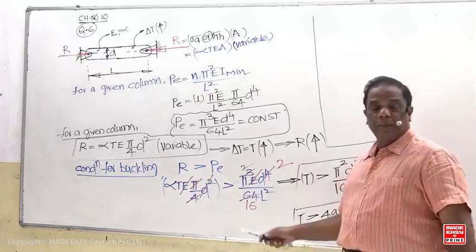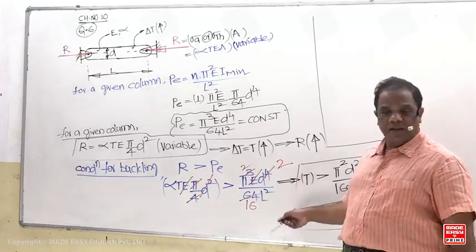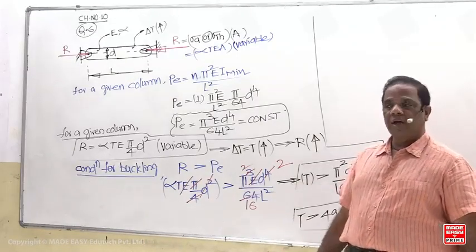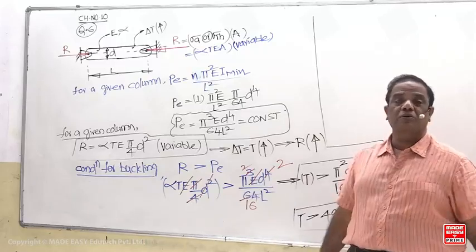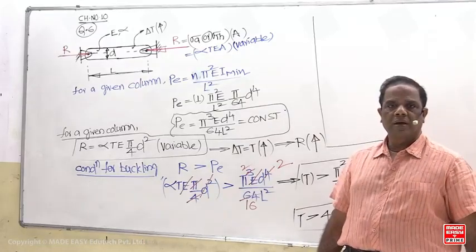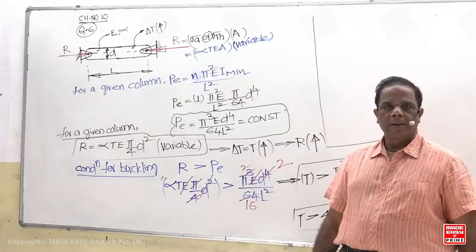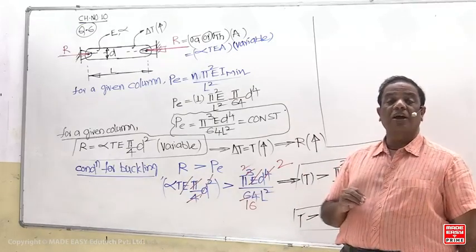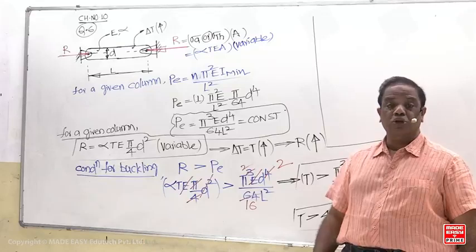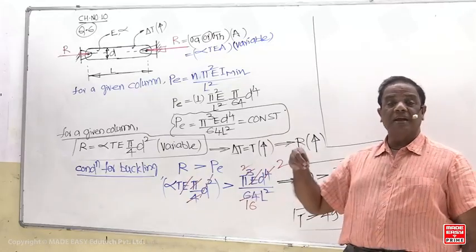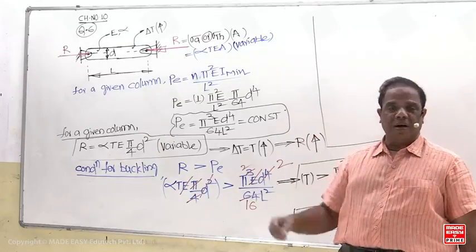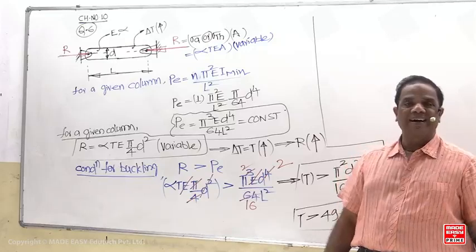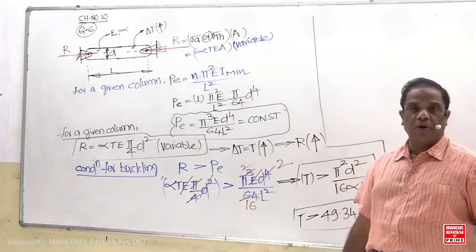And in one of the recent papers, this was a numerical question. And in another recent paper, a theory question was asked. A 1 mark question was given: the change in temperature required to induce buckling is proportional to d square, d cube, or d to the power of 4.